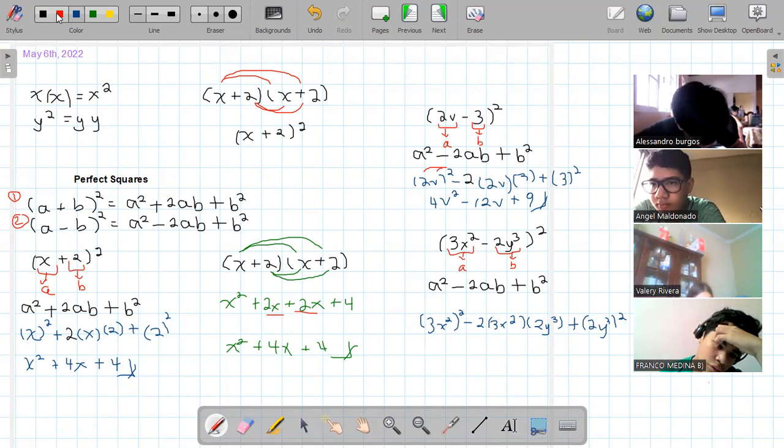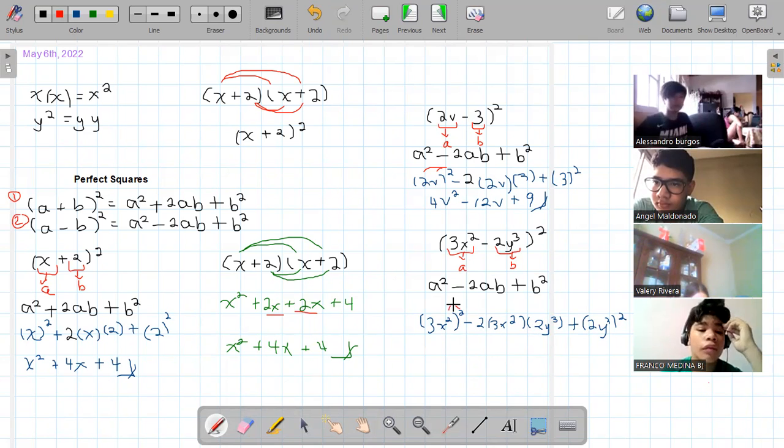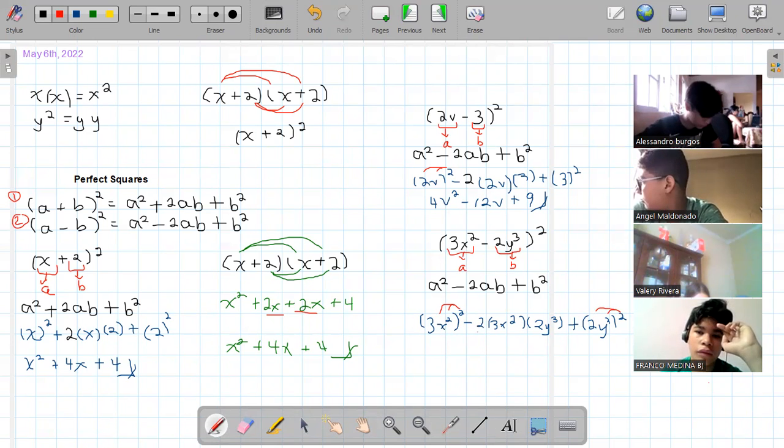Now, because of PEMDAS, where we simplify first our exponents, I'm going to solve first the exponents and do the power of the powers. This 2 will affect the x, will affect the 3, and this square will affect the y, and will affect the 2 as well. Okay, and then I'm going to multiply the 2, the 3, and the 2 from the middle term.